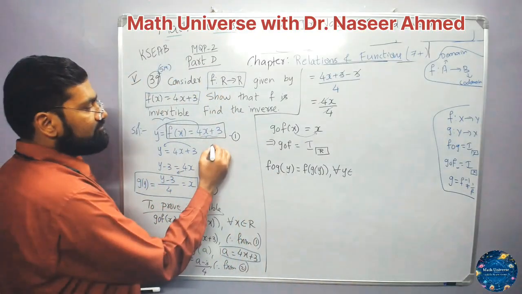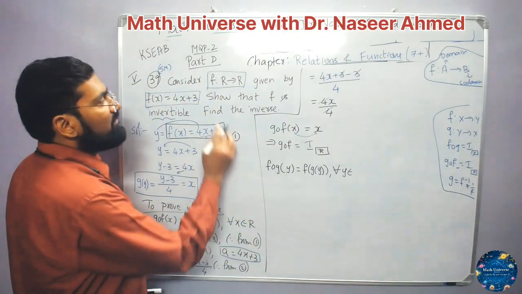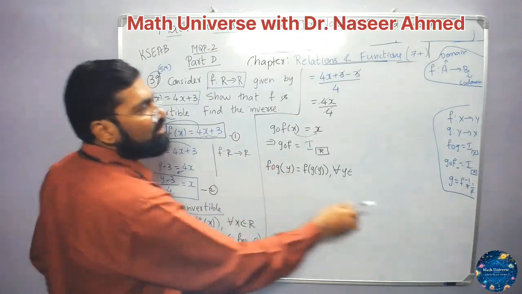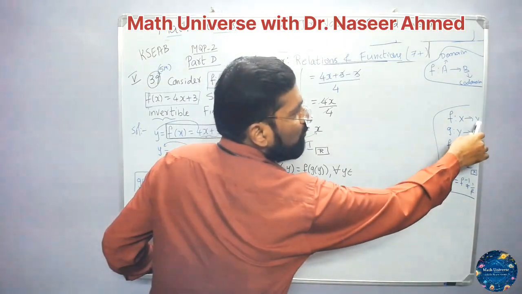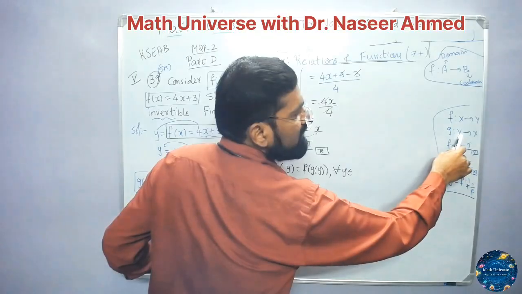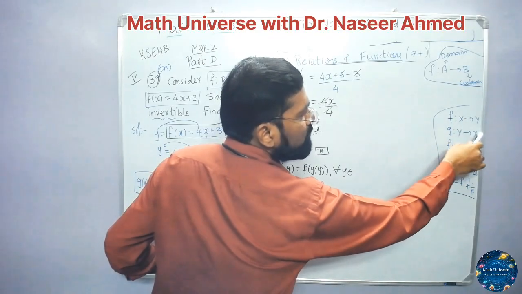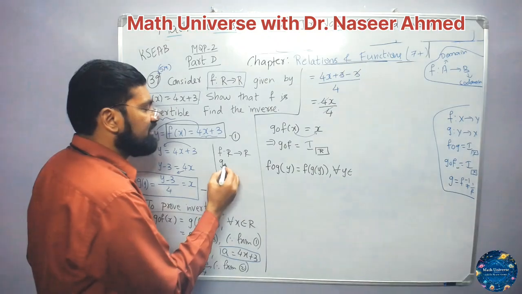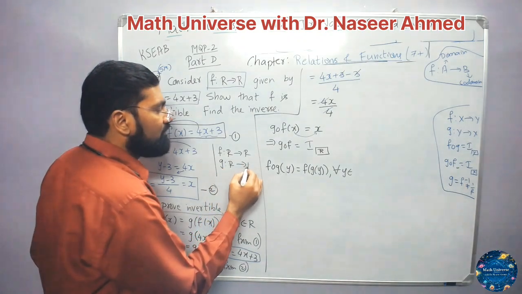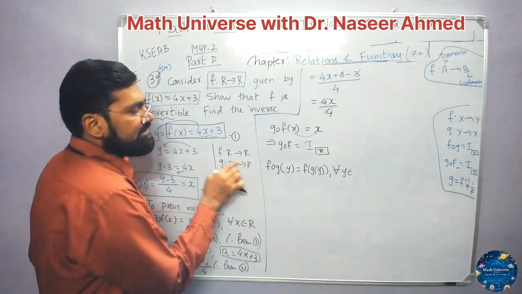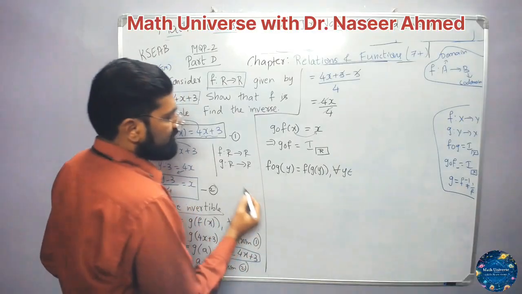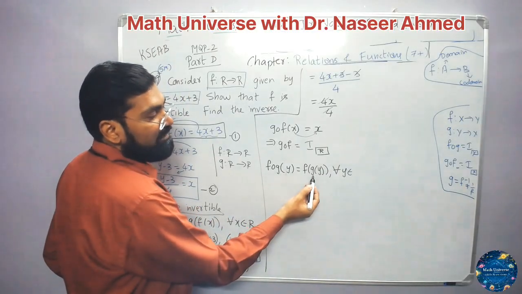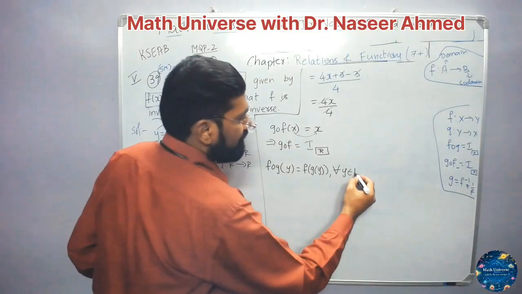For f, the function is from R to R. So as per this logic, the codomain of F becomes the domain for G, and the domain of F becomes the codomain. Correct now? So here, since both are same, when I talk about G, it is R to R only. This R came here and this R came here. So Y belongs to the domain, because the rightmost function is now G. So the domain of G is R.